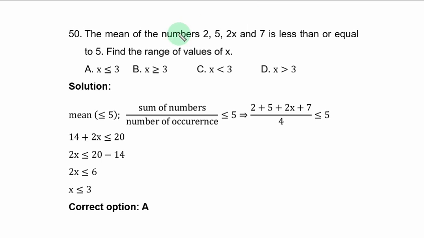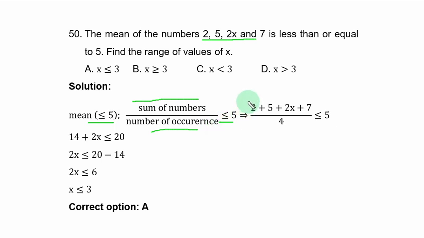Question 50. The mean of the numbers 2, 5, 2s, and 7 is less than or equal to 5. Find the range of values of s. From the question, the mean is less than or equal to 5, and mean is sum of numbers over number of occurrence, and this expression is less than or equal to 5.